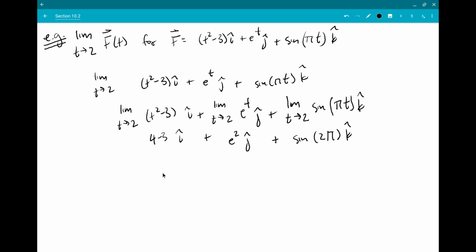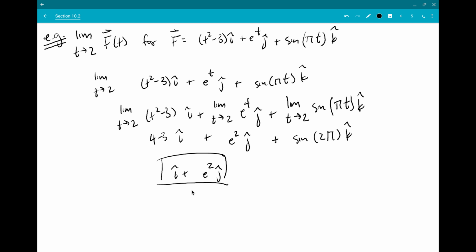So that's just i hat plus e to the 2 j hat, and then sine of 2 pi is 0, so that drops off the answer there. And that's a simple example of computing a limit of a vector valued function, just remembering that we do every component separately.